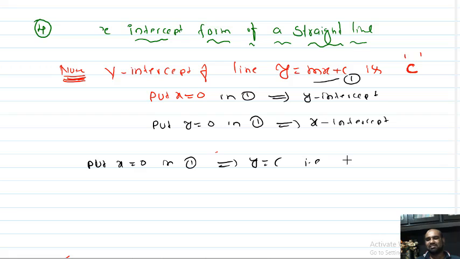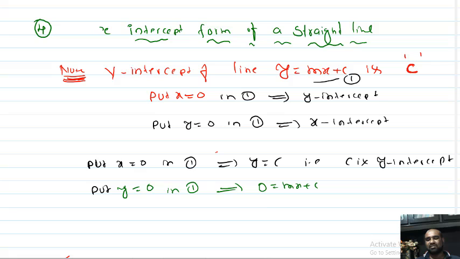So c is the y-intercept. Put y equal to 0 in 1 gives 0 equals mx plus c, x equals minus c by m.